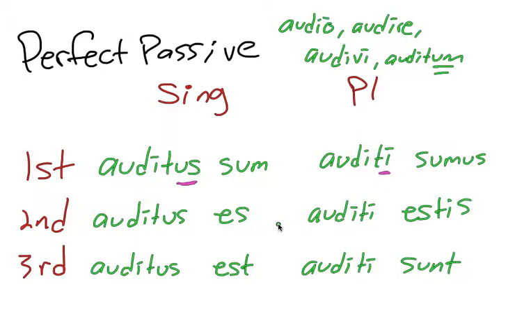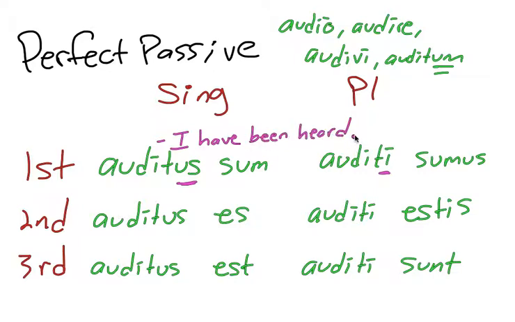They're all formed the same way for every conjugation. So if I used amo, it would be amatus sum, or doceo, doctus sum, or peto, petitus sum. So it doesn't matter what conjugation it is, you just use the fourth principal part plus the endings for sum. And now if we were translating this form, auditus sum would be I have been heard.